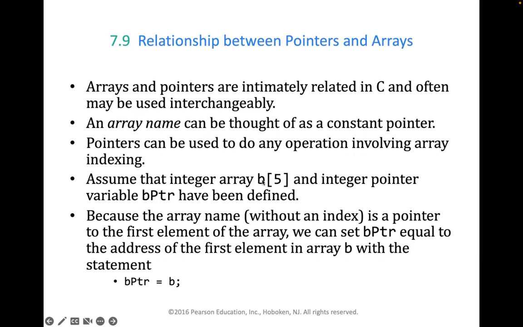Assume that integer array b[5] and the integer pointer variable bPtr are defined. Now, because the array name b is a pointer to the first element of the array, we can set bPtr equal to the address of the first element in array b with the statement bPtr = b. We used this before with array a.